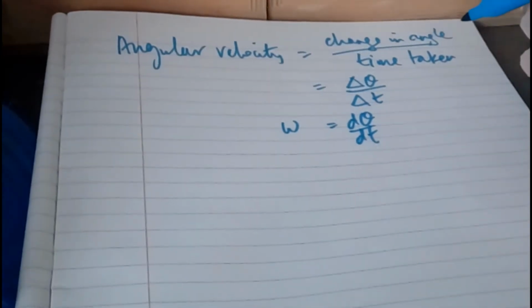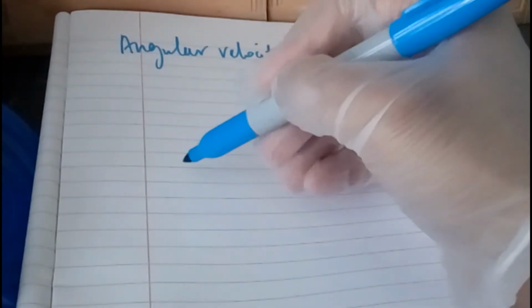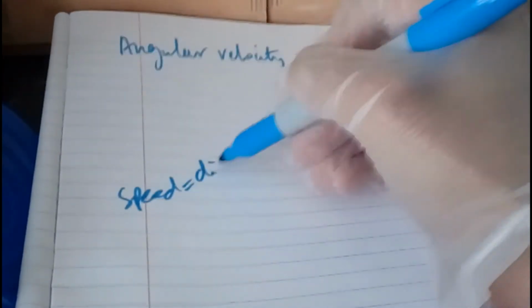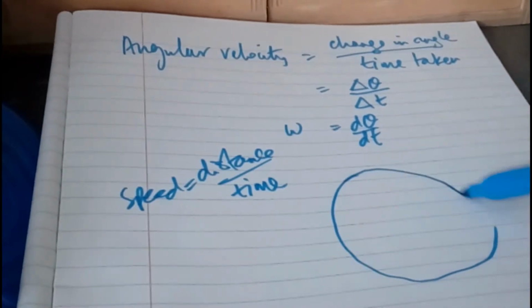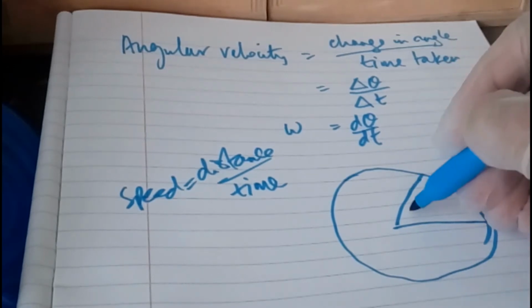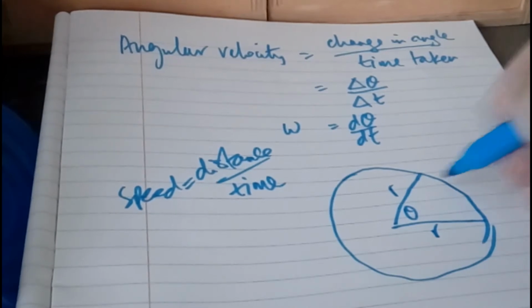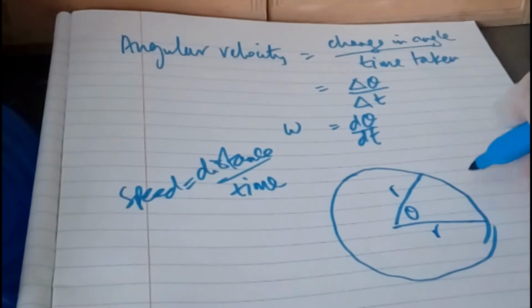Now let's talk about normal speed. What is normal speed? If you remember, speed is equal to distance divided by time. Now we need to introduce the concept of the radian. The radian is where the angle is between two sides, straight lines, and then you have the arc, which is also r.